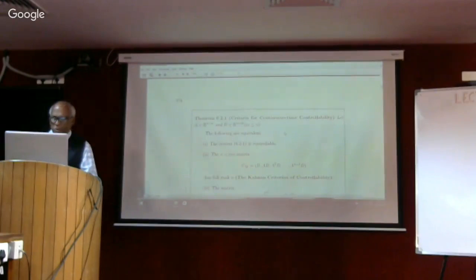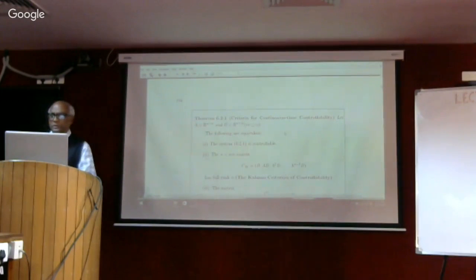First of all, the most well-known and very famous criterion of controllability is the so-called Kalman's criterion, where you need to test whether the matrix [B, AB, A squared B, up to A to the n minus 1 B], which is called the controllability matrix, has full rank.